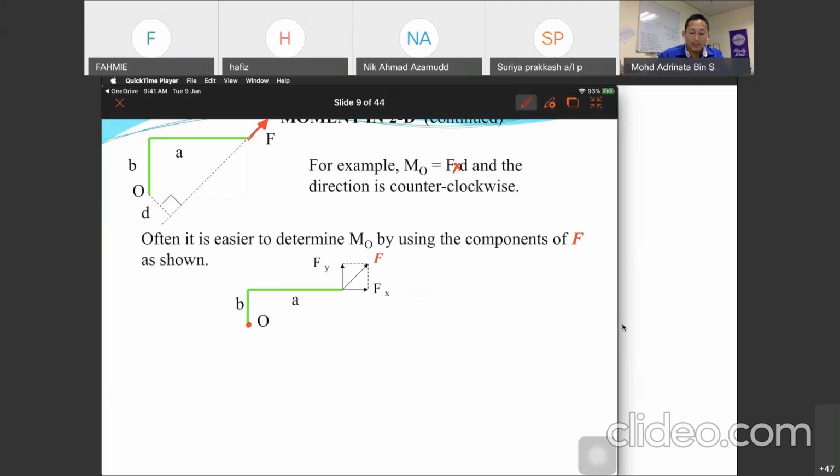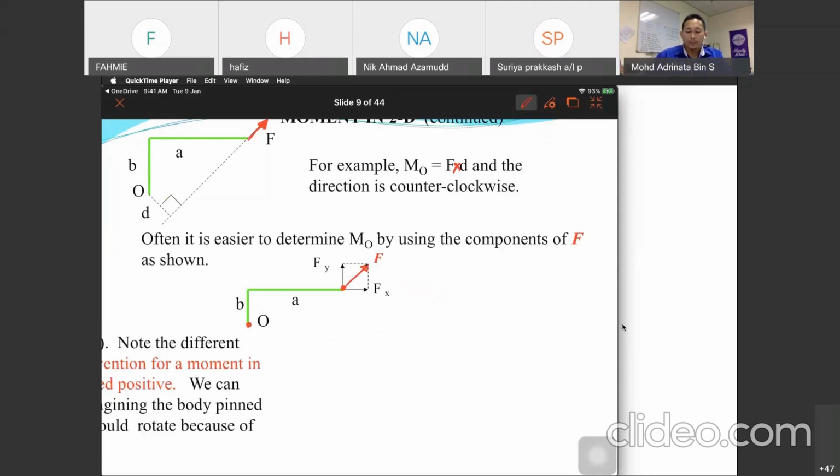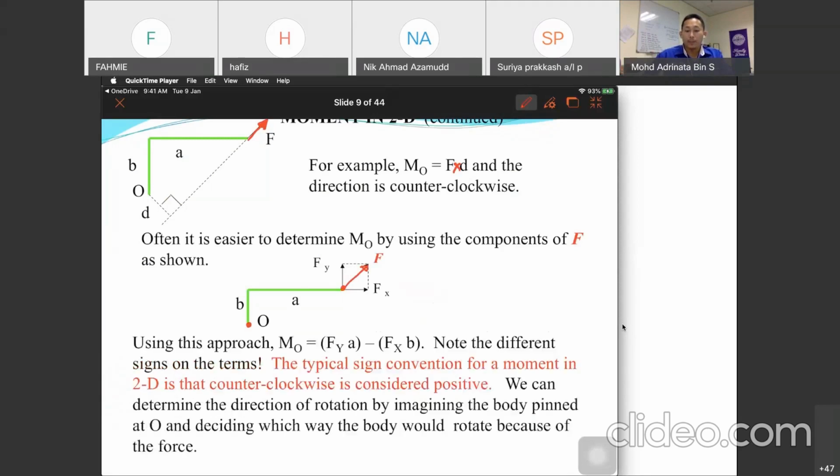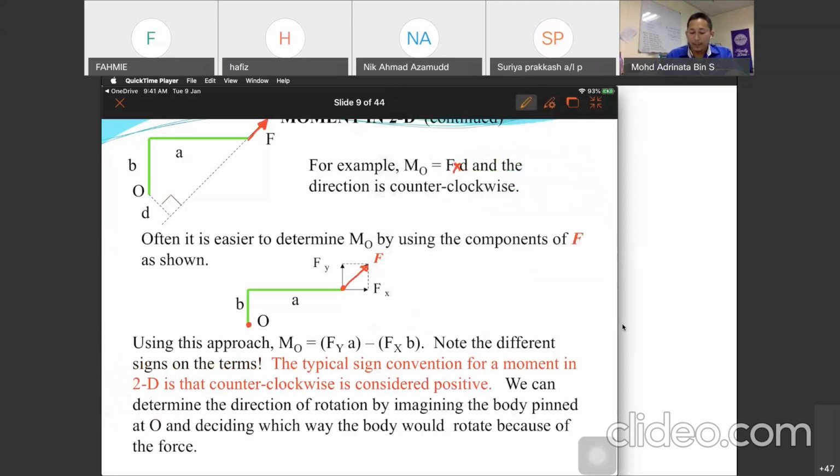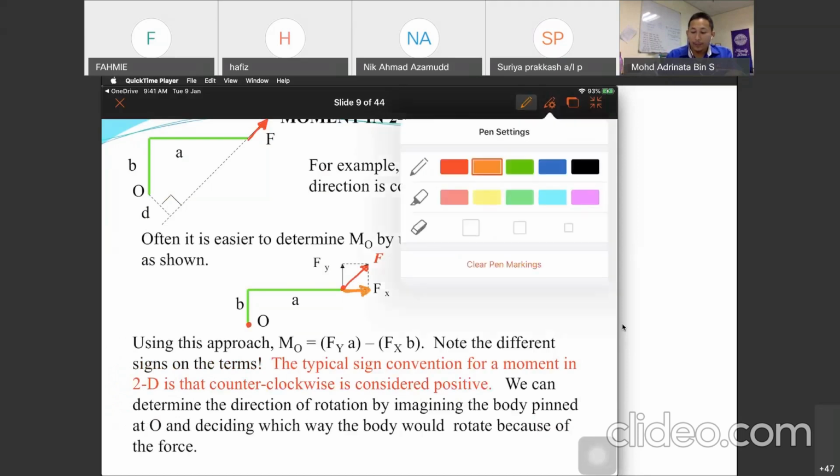And then this is our force. So we need to break up our force into X and Y. So we have Fx and Fy.